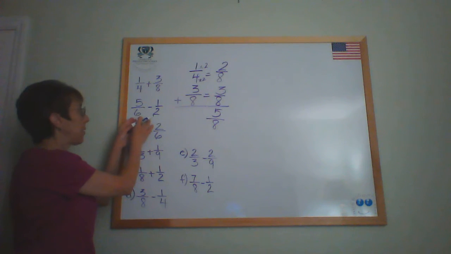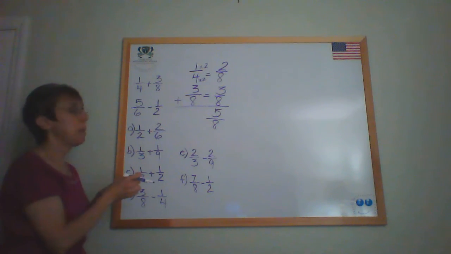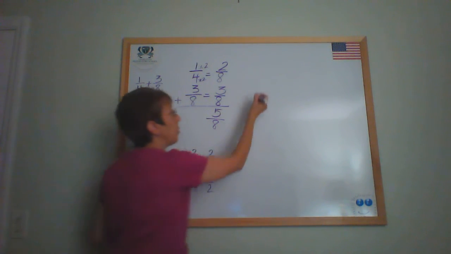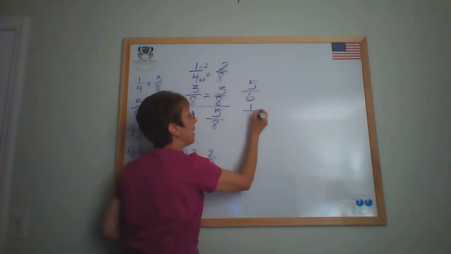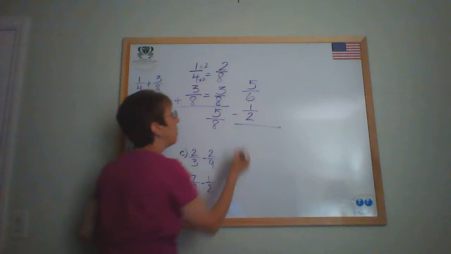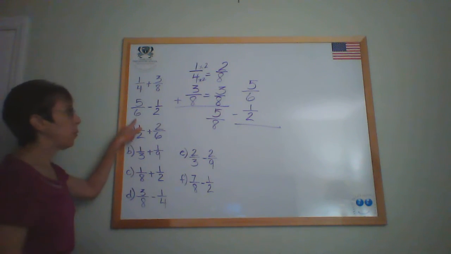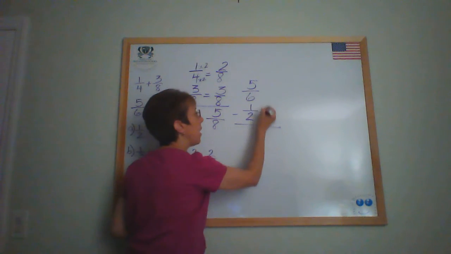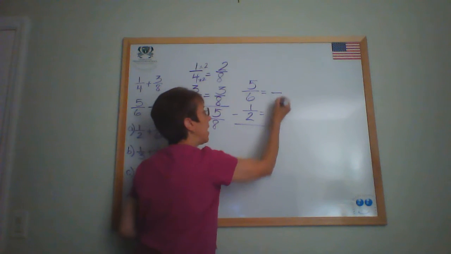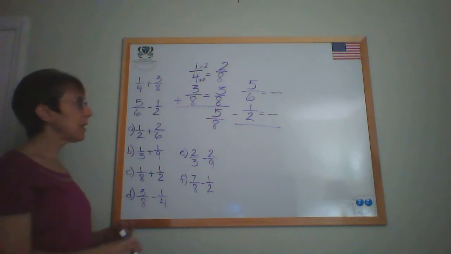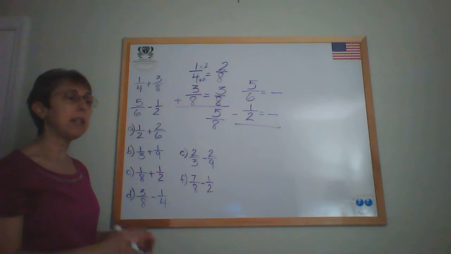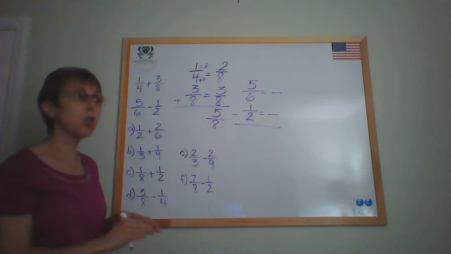Let's do another example. 5/6 minus 1/2. So we want to start by writing it this way, vertically. 5/6 minus 1/2. So you first need to take a look at the two denominators that you have and look to see, is there some way that those two numbers are related?